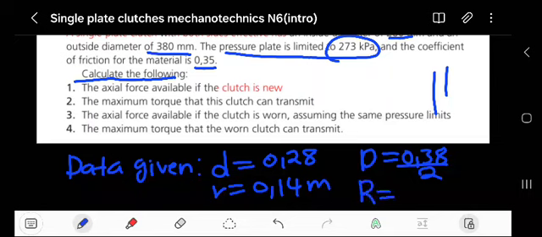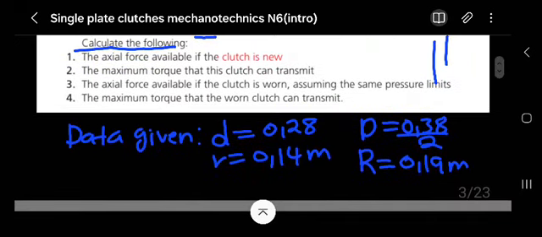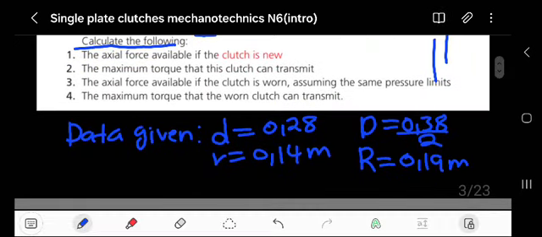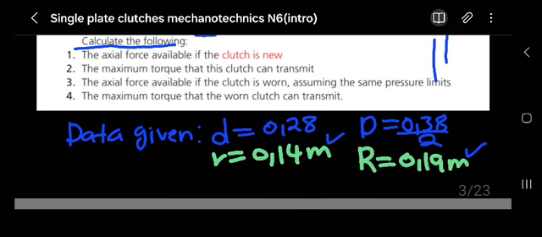Remember, the outside diameter must be associated with the outside radius. Then if you punch, that will be 0.19 meter. Fine. The important things are this and this. We'll use these radii.